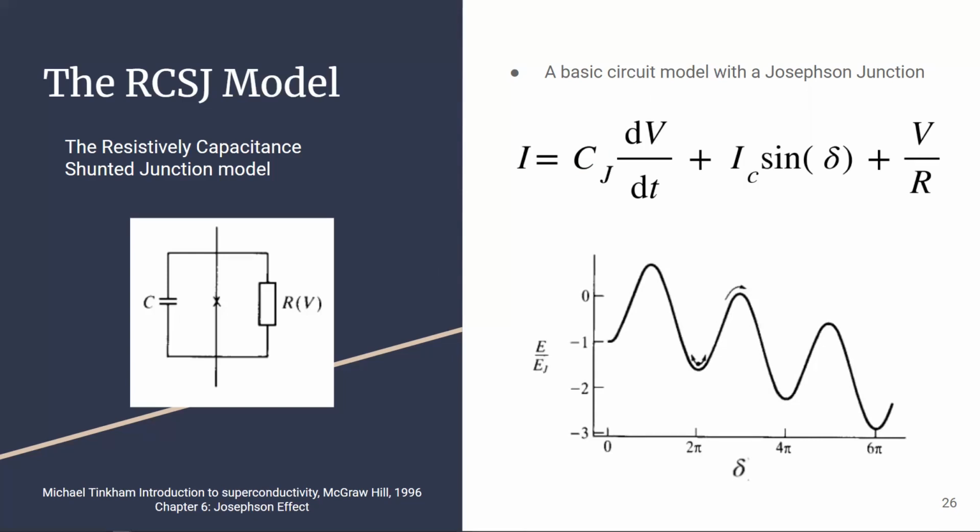And here we have the reduced energy, the energy of the circuit divided by the Josephson energy. And here we have again minima occurring at the even multiples of pi, and at the odd multiples we have the maxima occurring.